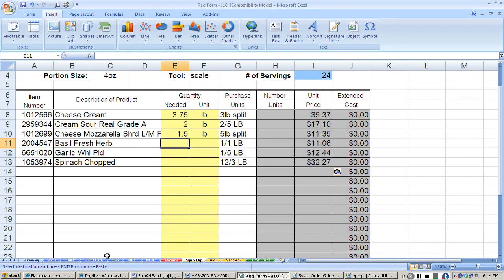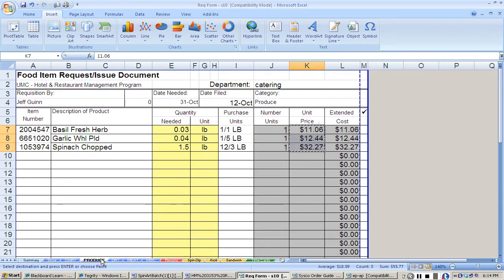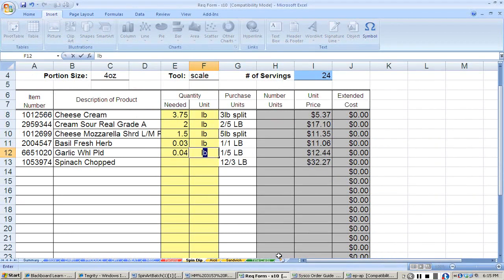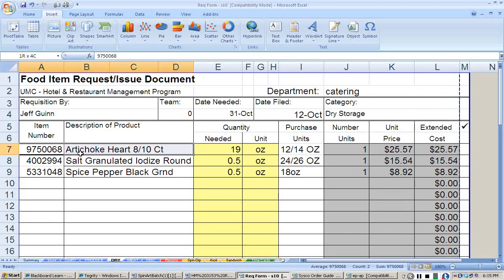Alright, basil was 0.03 pounds, 0.04 pounds, and 1.5 pounds. And next up are the dry goods.